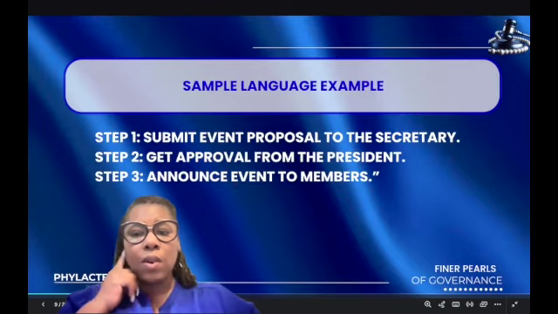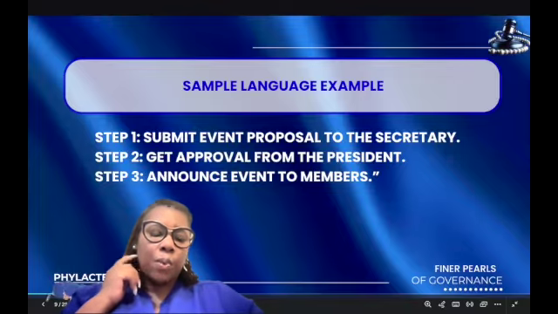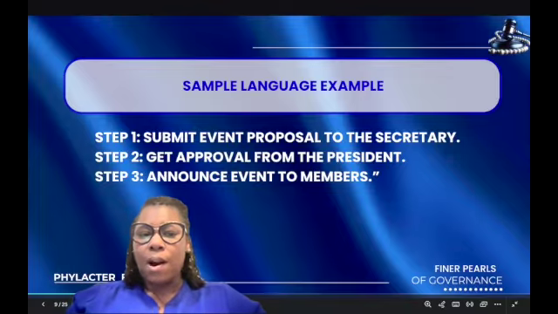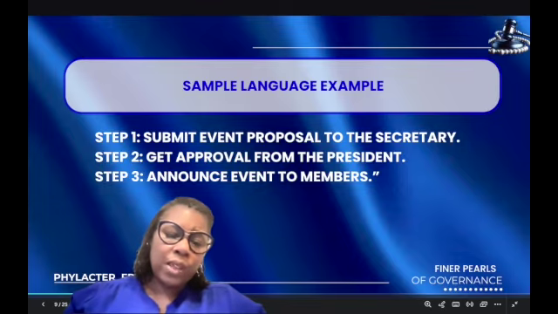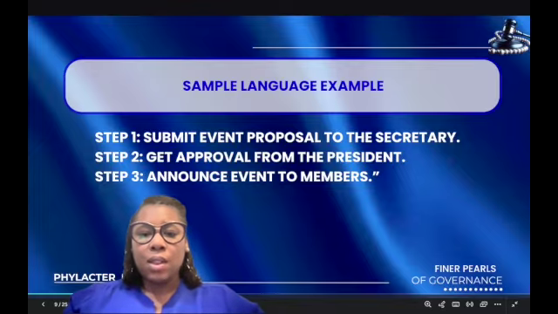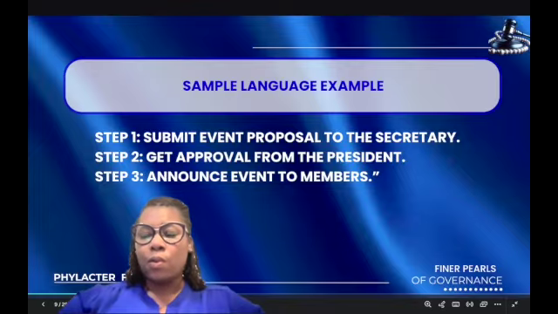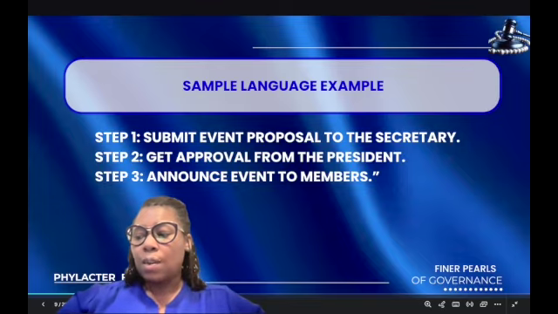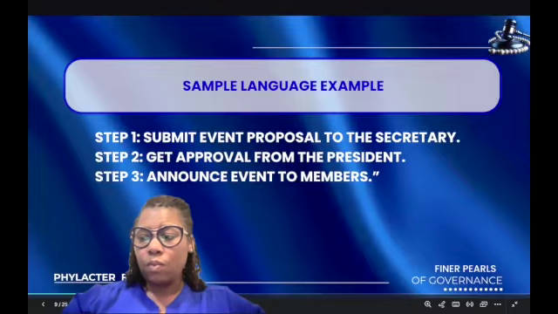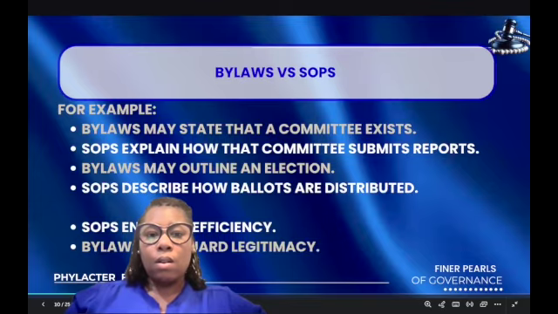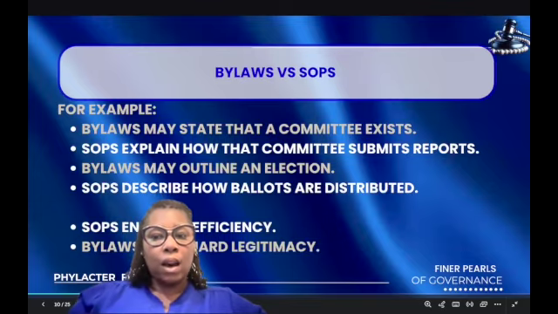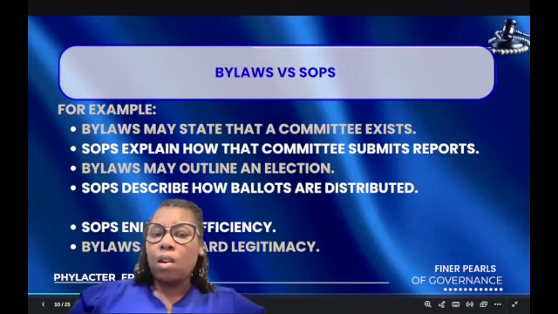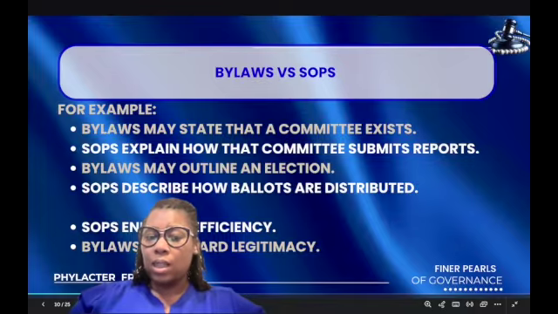So here is some sample language for your SOPs. Remember, it's a step-by-step process. For example, step 1, submit the event proposal to the secretary. Step 2, get approval from the president. Step 3, announce to the members. Looking at bylaws versus SOPs as a review, the bylaws may state that a committee exists.